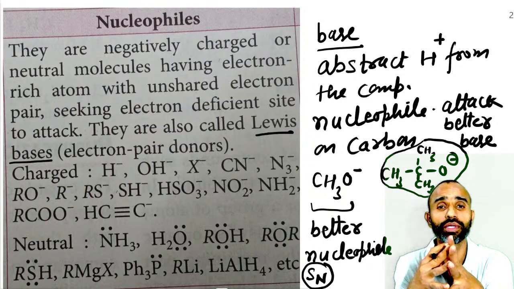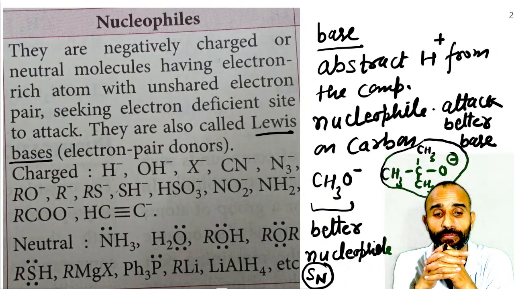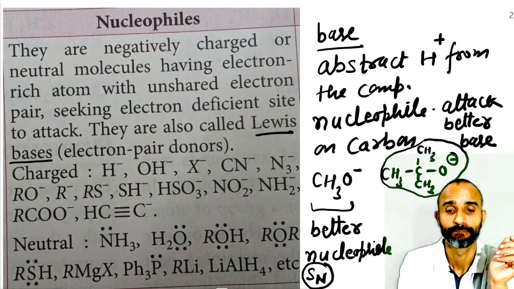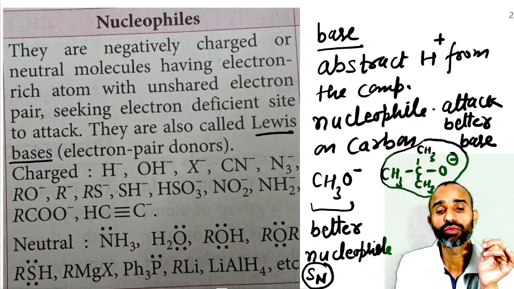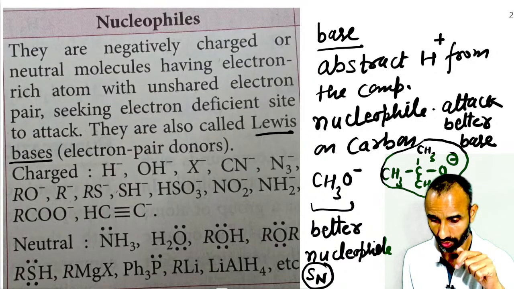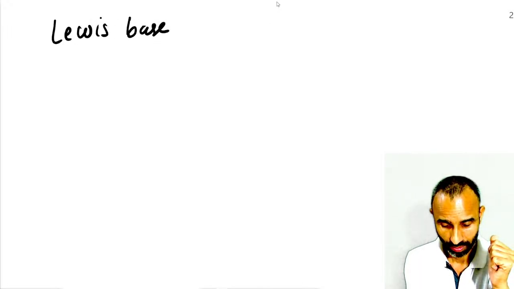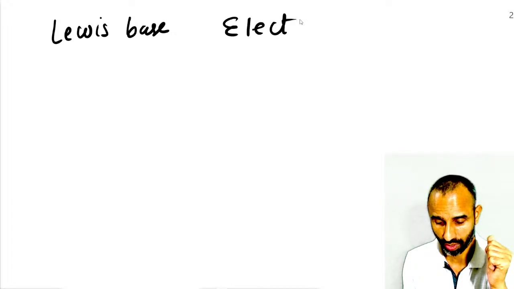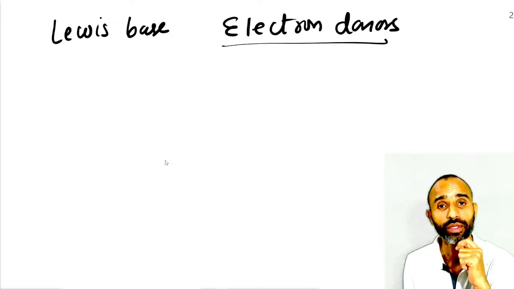What do you mean by Lewis base? The molecules which donate electrons. Lewis base means electron donating species, electron donors.